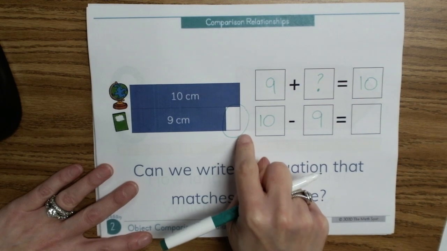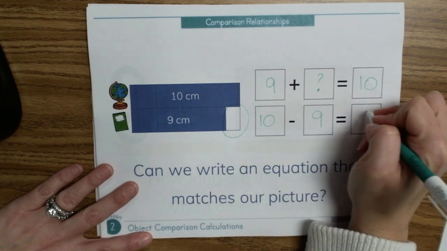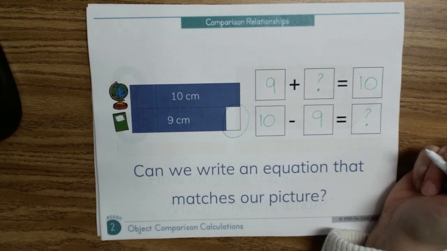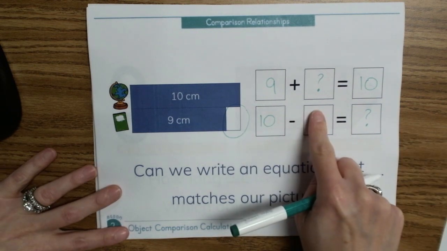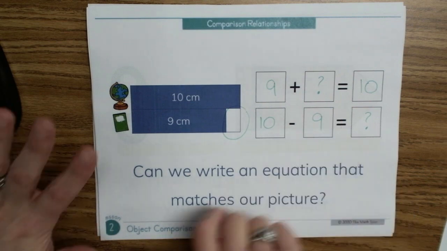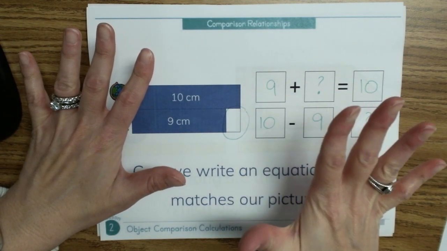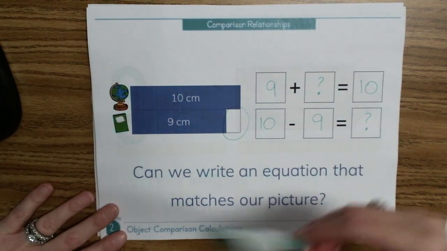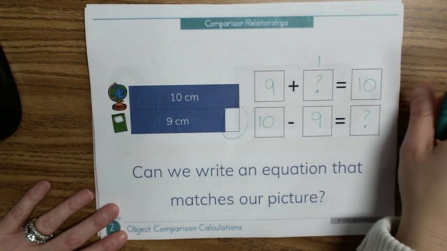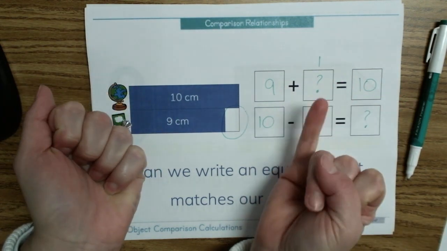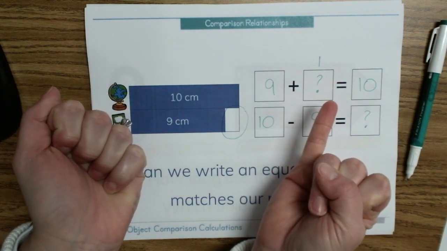Whatever is left over tells me how much shorter he was. So if I have 9, how many more does it take me to get to 10? 1 more. If I have 10 and I take away 9, how many do I have left?